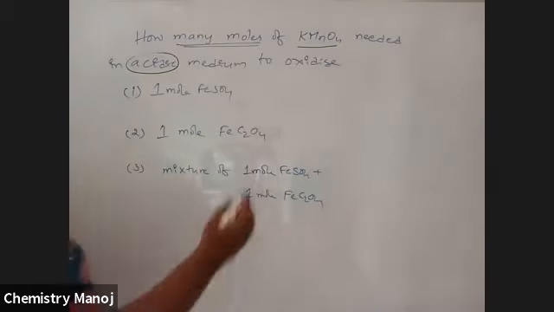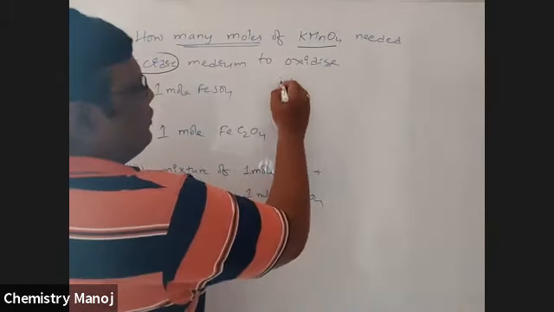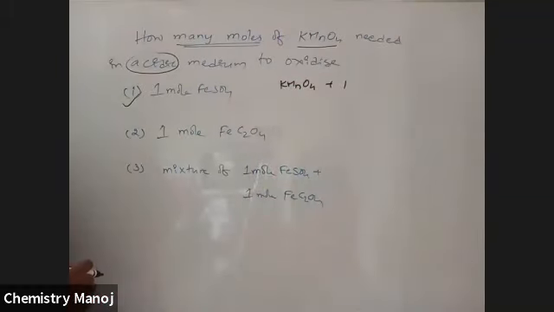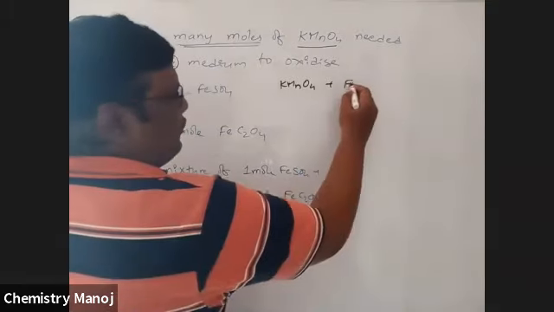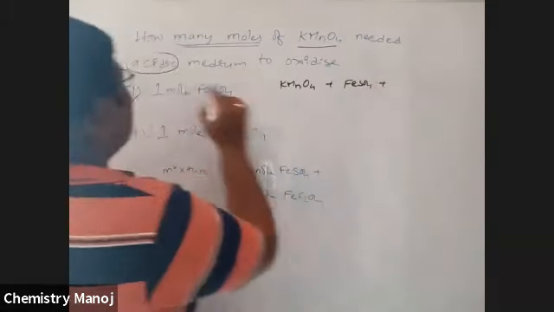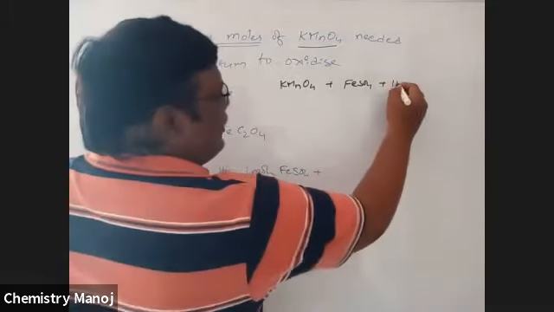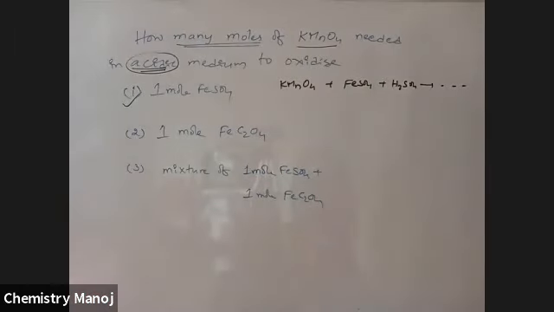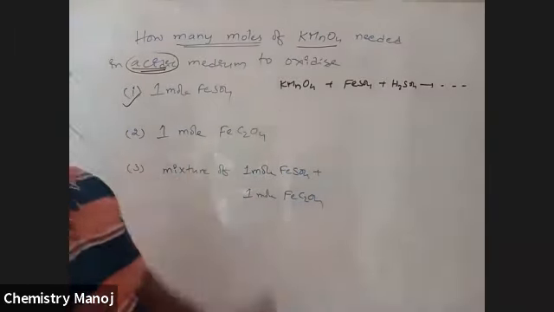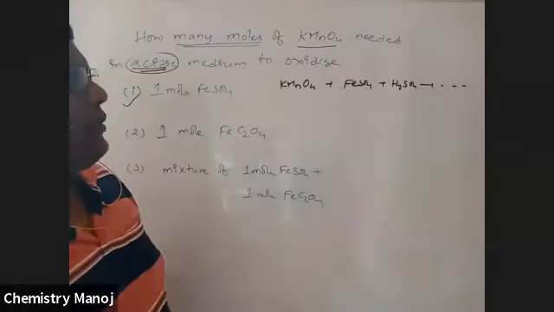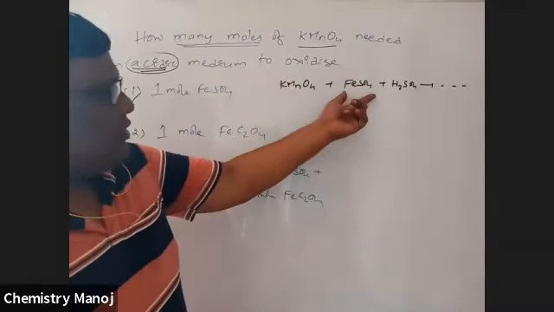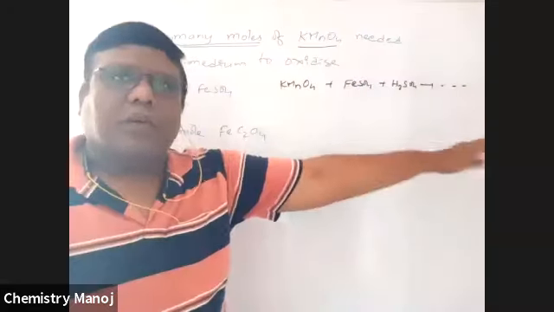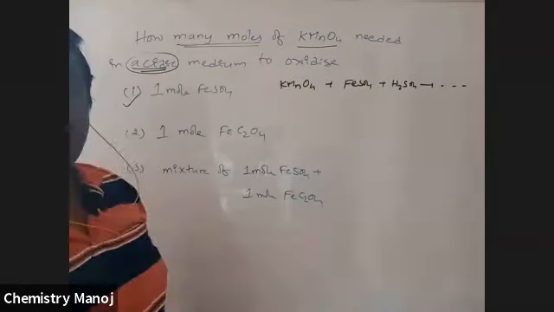So note the reactions: KMnO4 reacts with FeSO4 in acidic medium, let it be H2SO4, and some products are formed. We don't need those products. Now how many moles of KMnO4 are required?